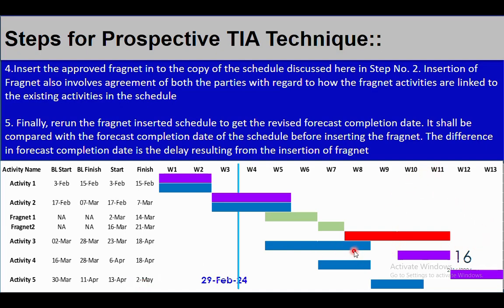If you see here, the blue lines show the baseline or the last updated schedule, where mechanical completion was week 10. However, after inserting those fragments, this maroon line shows the impacted schedule, which goes to week 13. Because of these two events, the project got delayed by 3 weeks. So this is how you can find out the delays because of the delay events.